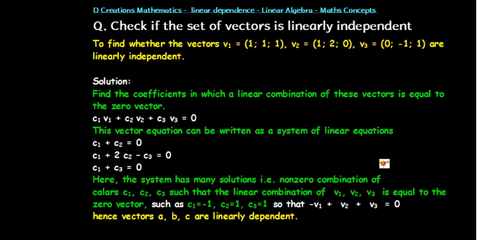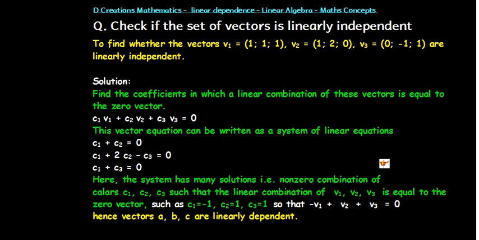So let's try it. -1 into 1 is -1, 1 into 2 is 2, and 1 into 0 gives us 0. Similarly, you will realize that you are going to get 0 for all three components, and hence in this case there are non-zero scalars giving you the vector equation c1v1 + c2v2 + c3v3 = 0.